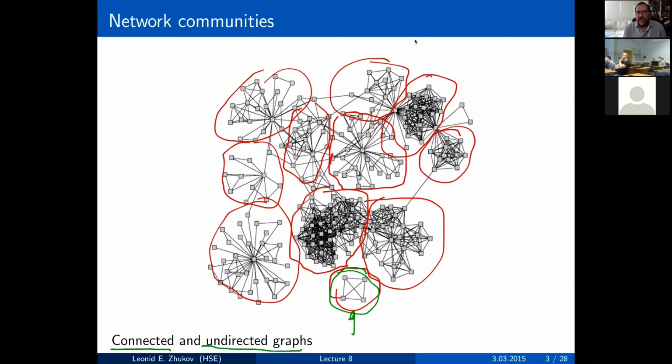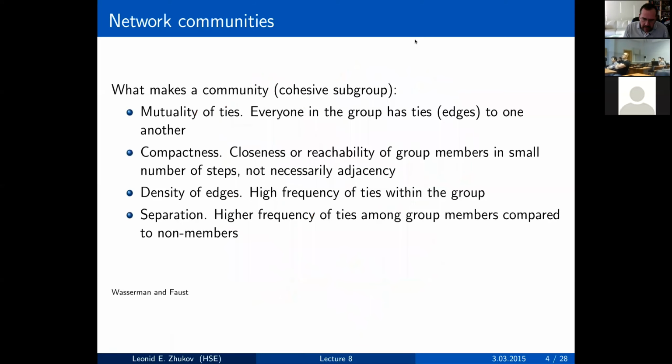So before using any of the methods that we're going to discuss today, if you are given a graph, you should first run a connected components algorithm and work with connected components, right? If the connected components algorithm returns you a bunch of components, each of them can be a candidate for detecting a network community.